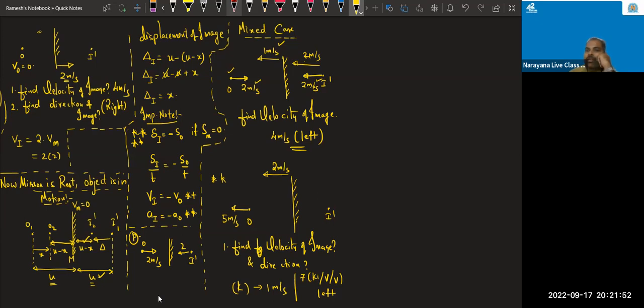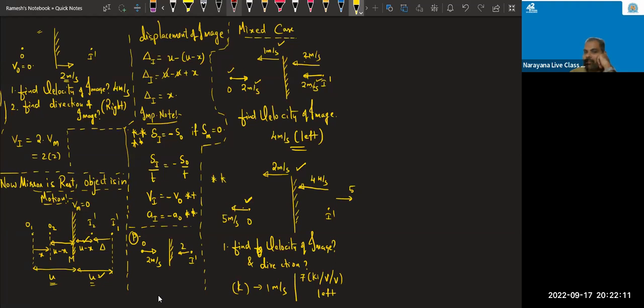Okay. It is my turn. Because of only mirror motion, what is the velocity of the image? Same side and 4. Now, because of only object velocity, opposite side and 5. Both are in opposite direction.